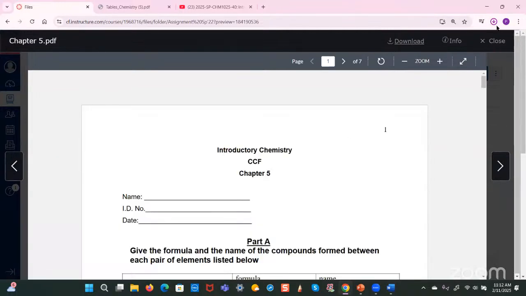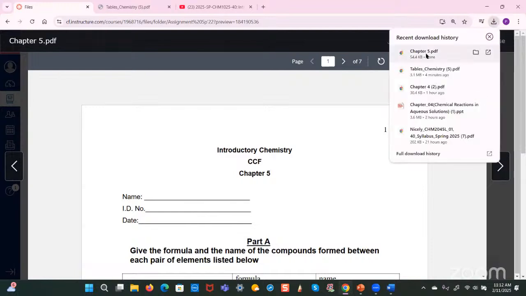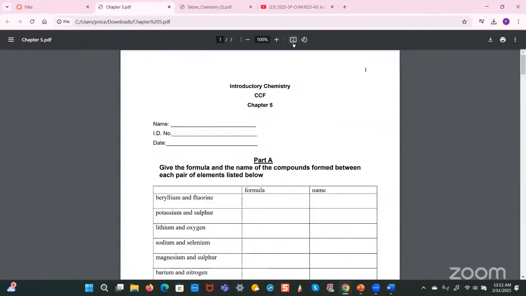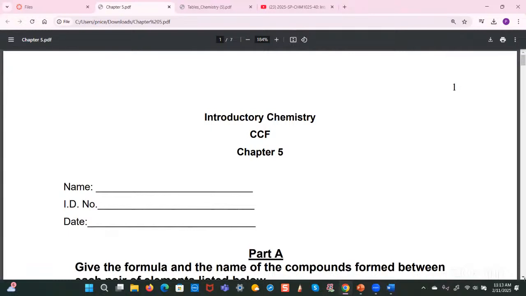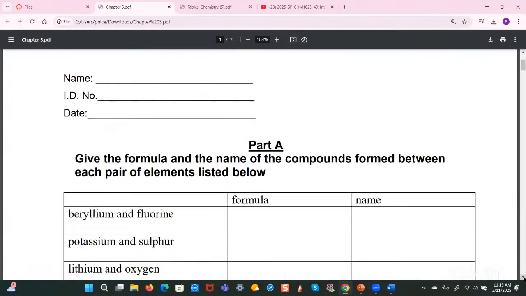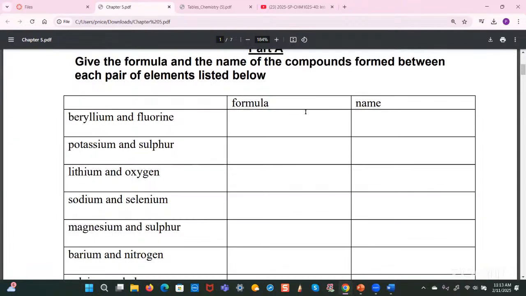Now, let me help you out, or let me see if you can help yourselves out with the first couple of questions. Okay, so this is it right here. So the first question is, what's the formula for the compound that's formed between beryllium and fluorine, right? Okay, so what would be the formula?